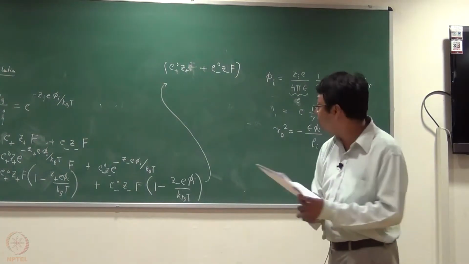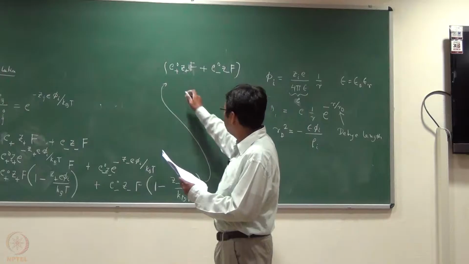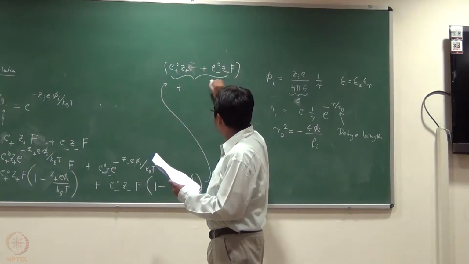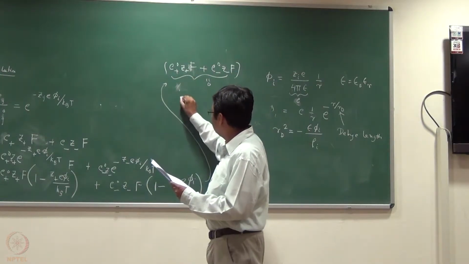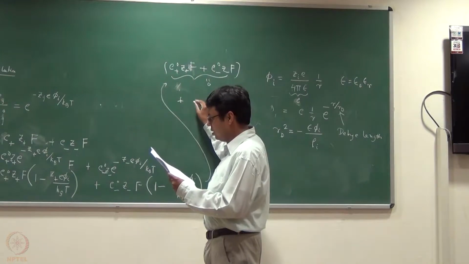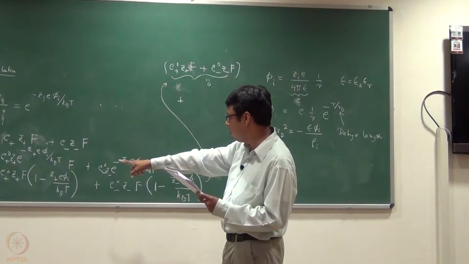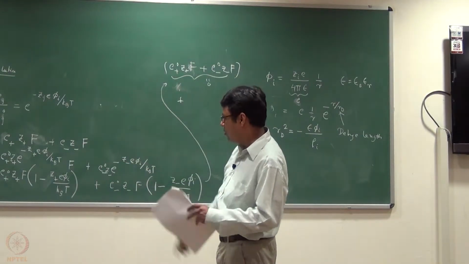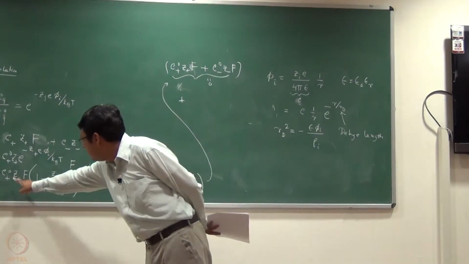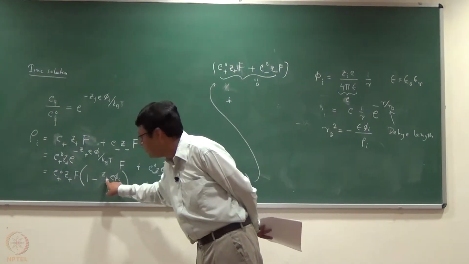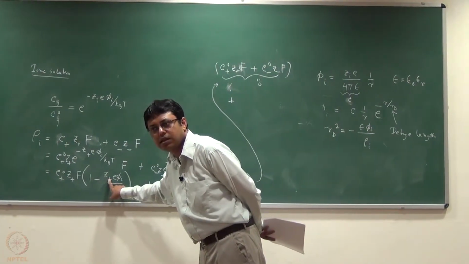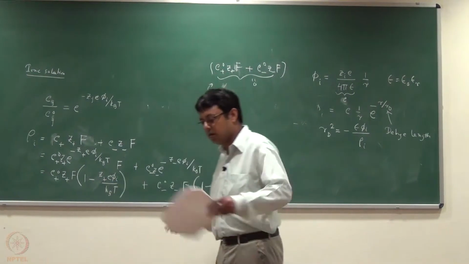So what I will be left with is plus. This is 0 for electrical neutrality. Okay. And what I'll be having is basically, let us see. I have c plus, I have z plus. z plus will come twice. So I'll have basically z i square kind of thing, right?